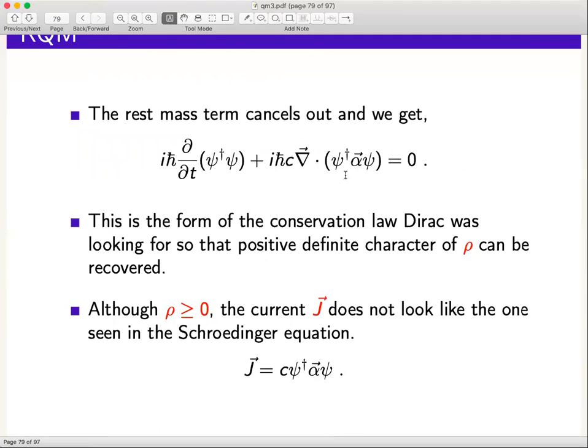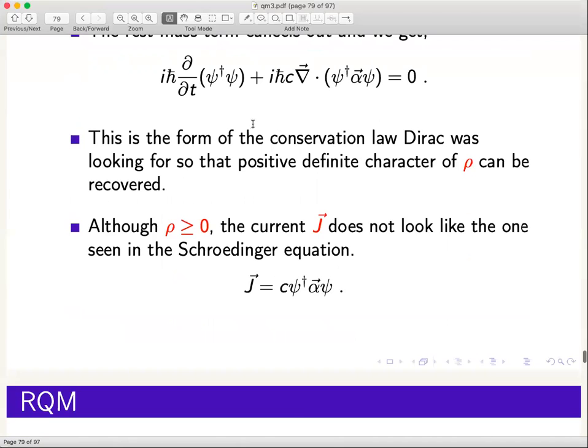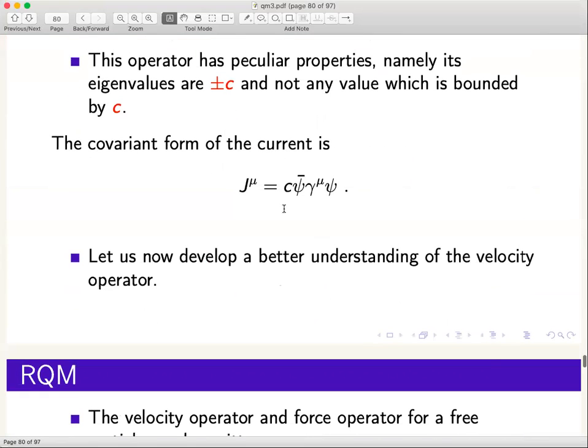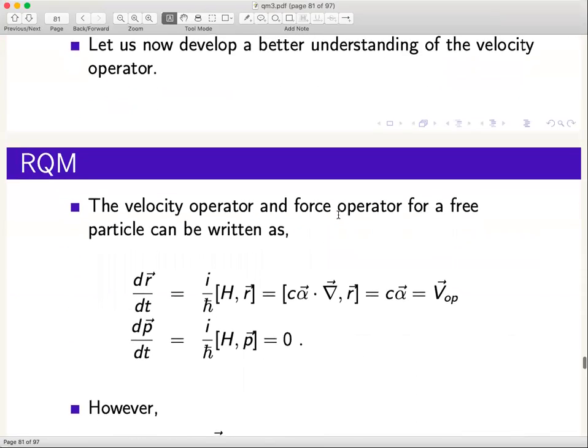You can multiply by beta squared here, or gamma 0 squared here, soak up one gamma 0 in psi dagger to write psi bar, and the other one, beta alpha, can be written as gamma. If you write these two pieces together, then J mu is equal to c times psi bar gamma mu psi. That is the covariant form of the current, and del mu J mu equal to 0 is the conservation law.